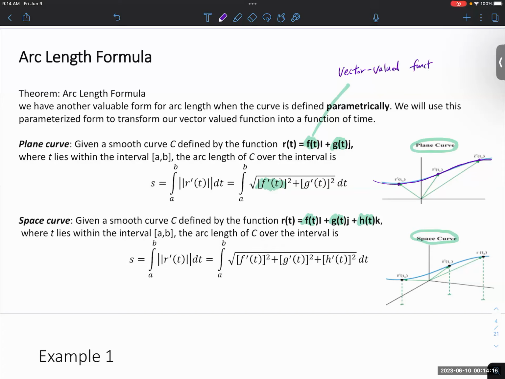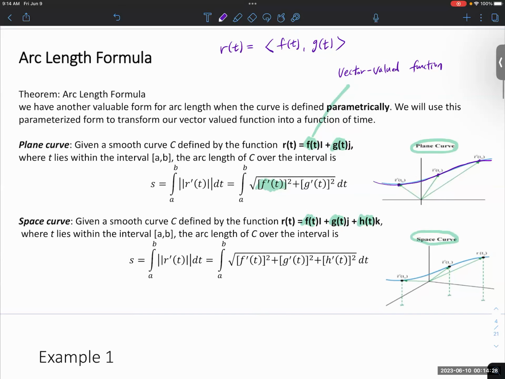Each component itself is a function, so you can take the derivative of each component function and square it, and then from A to B, you can find the length of the arc.